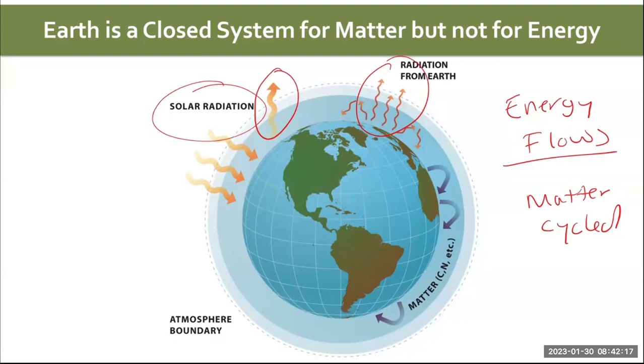It cycles in and out of organisms, and it moves through physical components and environmental components. So it changes form, often from inorganic to organic forms or pools. But again, it stays within the system, all right?